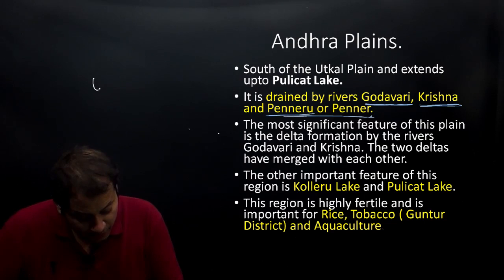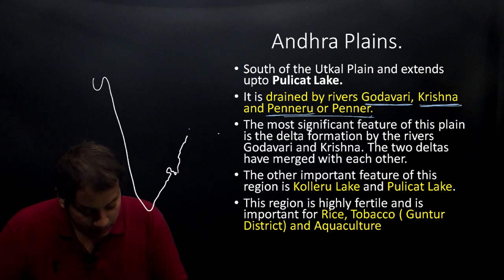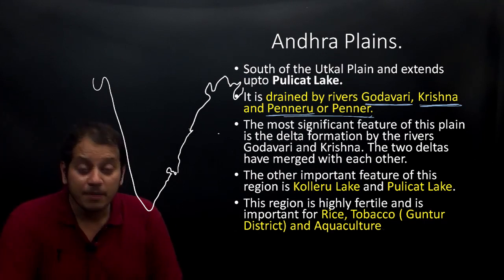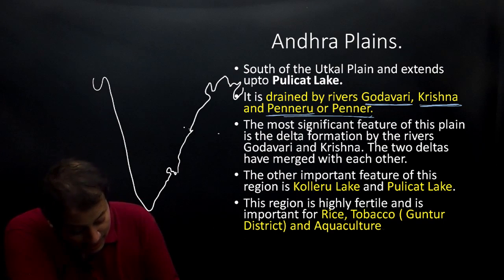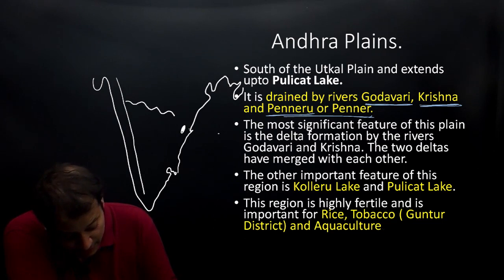If I again draw the map here, then we can see the Andhra Plain has Kolleru Lake here. Then this is the Western Ghat region. River Godavari originates in the Western Ghat region and makes a delta.